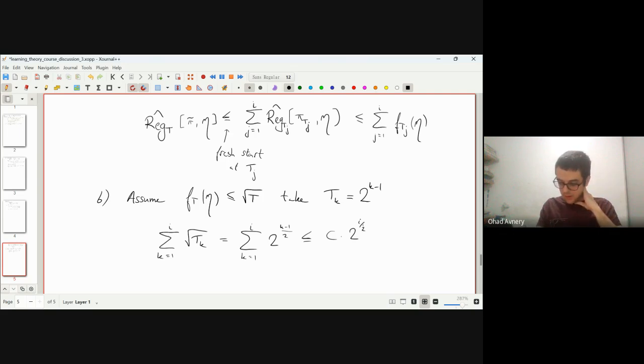But to calculate I, this is defined by the largest j such that the sum from 1 to 2 to the j is less than t. So basically, I is log base 2 of t. Yeah, so it's the minimal j so that the sum is greater than or equal to t.